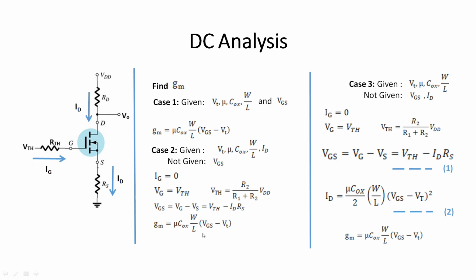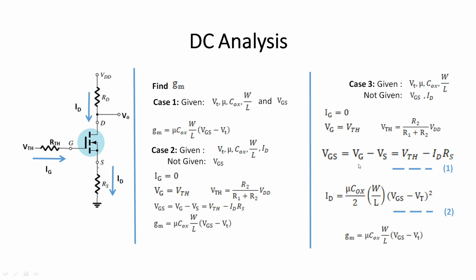Now, in the third case, VGS is not given, ID is also not given, but the threshold voltage of the MOSFET, mobility, Cox and W by L are given. Then we know the gate current is 0, so VG equals VTH, and VTH equals R2 by R1 plus R2 into VDD.